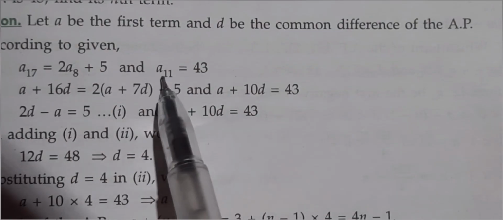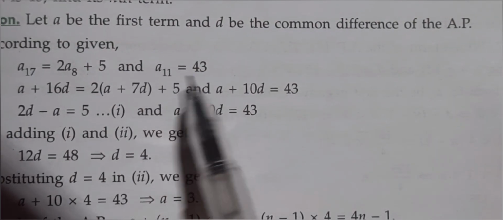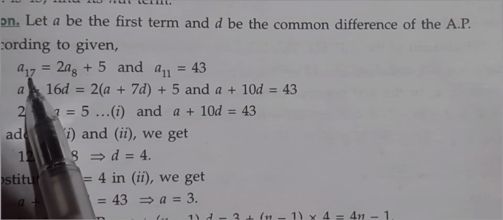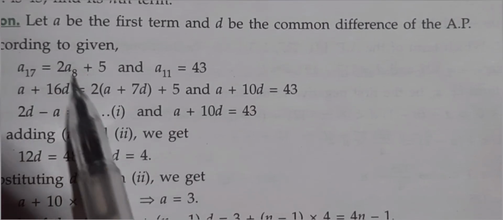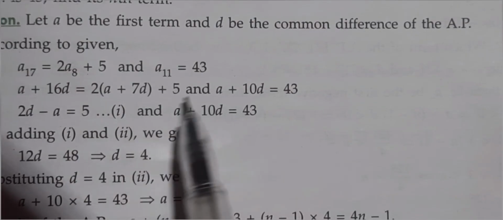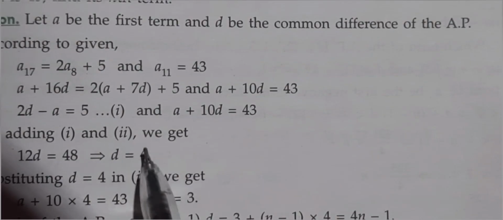How will I write the 17th term? I told you, a plus (n minus 1)d, a plus 16d, equal to 2 times the 8th term, a plus 7d, plus 5.